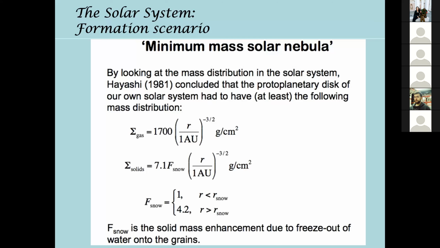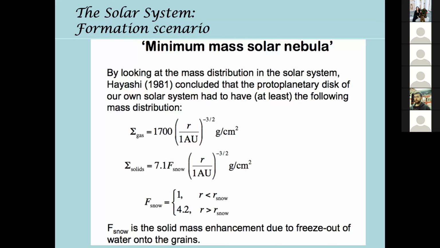Many people still refer to the minimum mass solar nebula for comparison with the protoplanetary disks that we see around other stars. What he said was, okay, I don't know the initial structure of our solar nebula, but I know the distribution of the planets in our solar system.